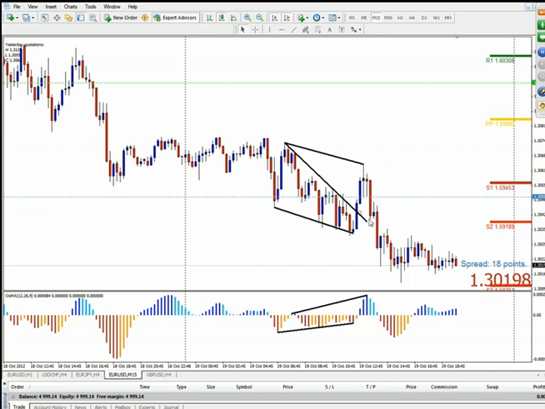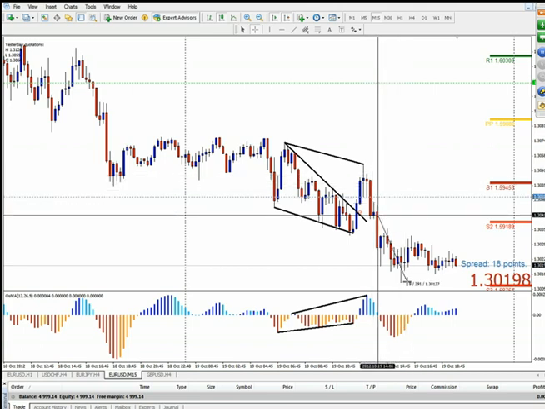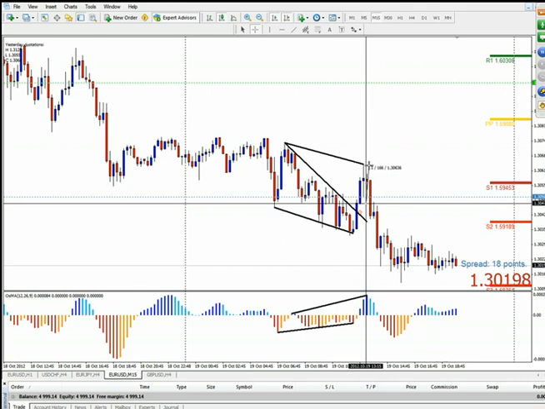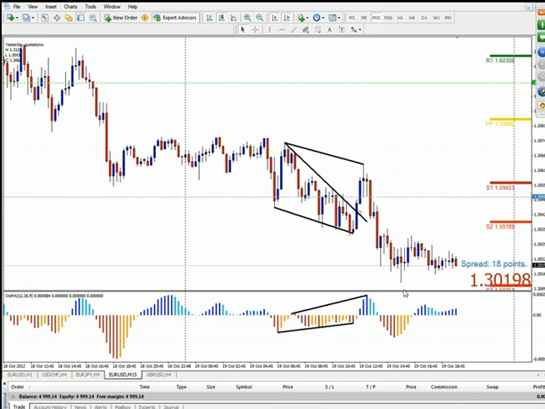And in this particular case, okay, you would have made more pips selling it than you would have buying it. If you would have bought it, you would have gone up 17 pips. But if you would have sold it, it would have gone down 30 pips. And that's basically the fatal flaw.